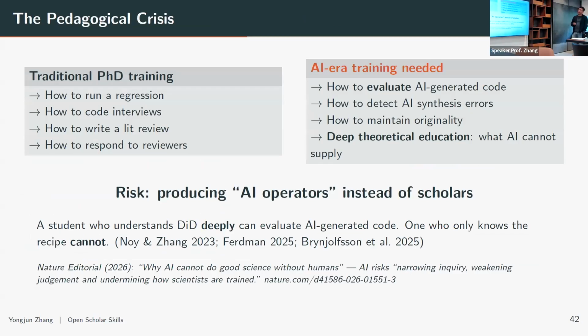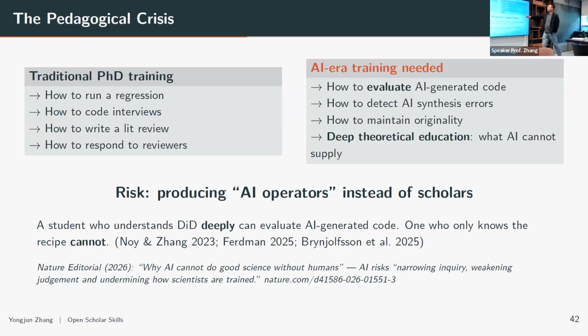Pedagogical crisis. Some of you might be PhD students, but think about how to train our PhD students. Going back, we train them to understand how to run regression, how to code interviews, or write a literature review. But in the AI era, we need to think about how we train folks: how to evaluate AI-generated code, how to detect AI errors, how to maintain originality.